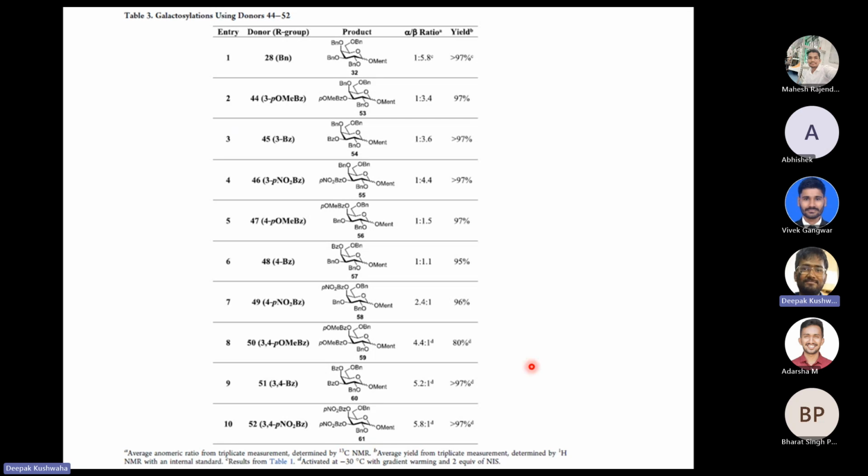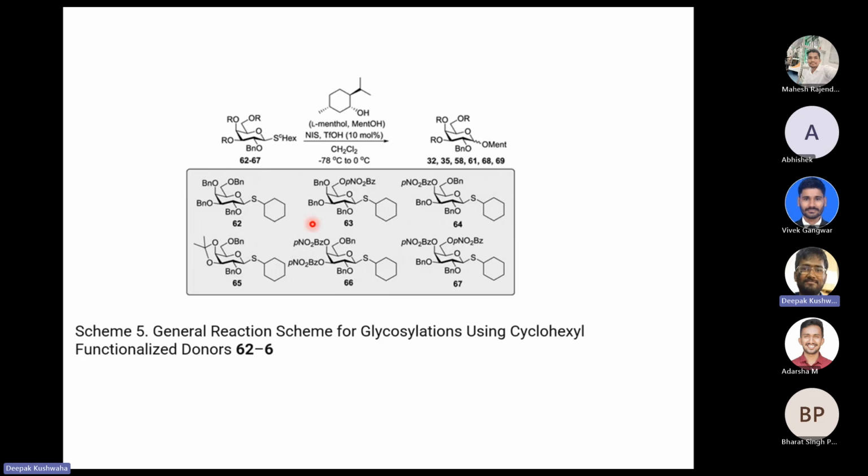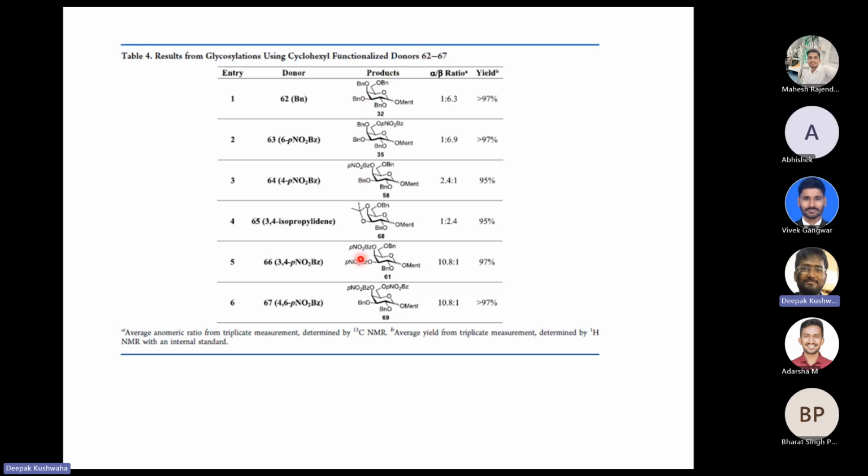To bring the results to a comparable level, they changed the thiophenyl to thioacyl. In that case, they get a result showing that the para-nitro-benzoate group has a role and gives maximum alpha selectivity, which is again opposite to the Boons report.